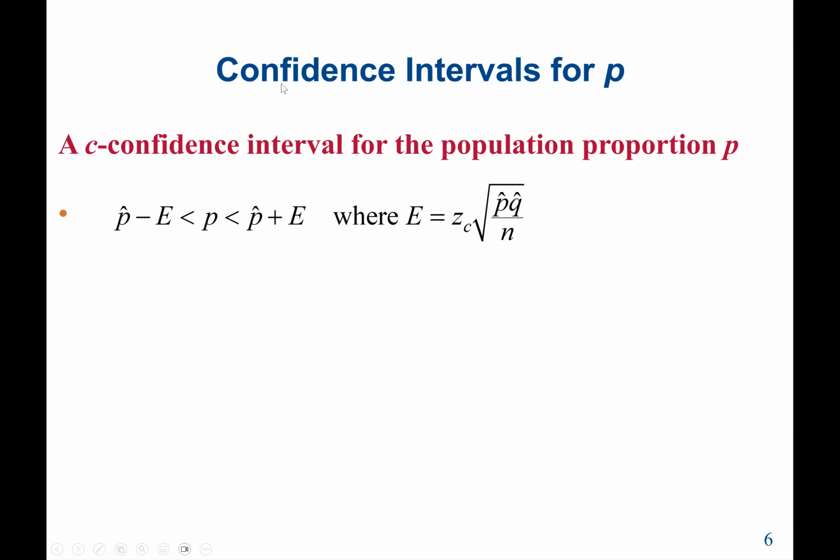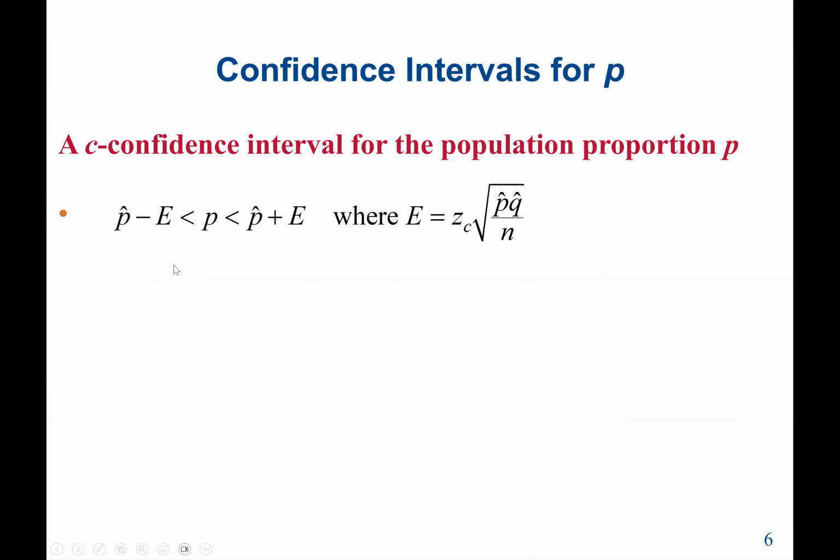Now, next we discuss the confidence intervals for P. So, the confidence interval for population proportion P. Normally a point estimate gives us one specific value, while a confidence interval will give us some interval of values.